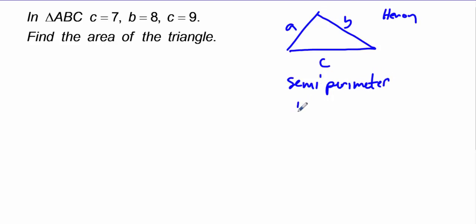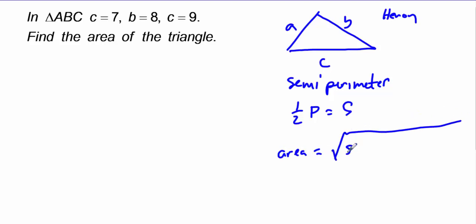And the semi-perimeter is just half the perimeter. And they call that S. And it turned out that the area was equal to the square root of the semi-perimeter times the semi-perimeter minus one side, multiplied by the semi-perimeter minus another side, multiplied by the semi-perimeter minus that third side.